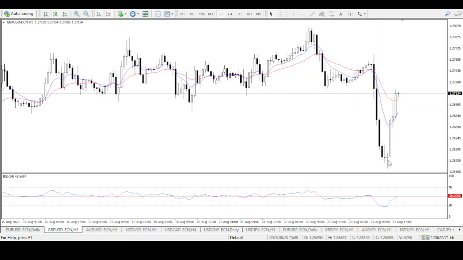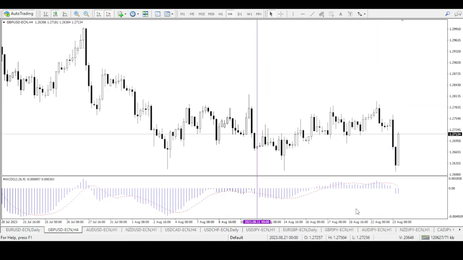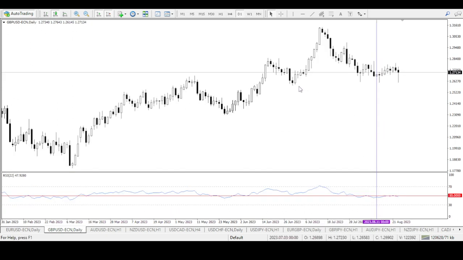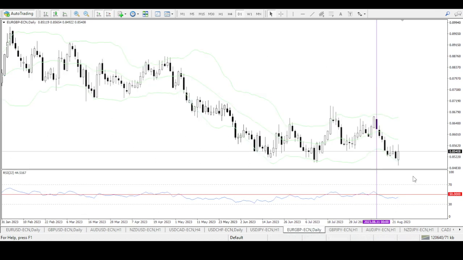Pound has not broken below the previous support, and pound still looks stronger on GBP USD. But I'm not talking about trading pound against dollar here. What I'm talking about is comparative analysis. So this is the day where I saw that the euro started behaving stronger than the pound, and then I looked at the chart of Euro GBP.